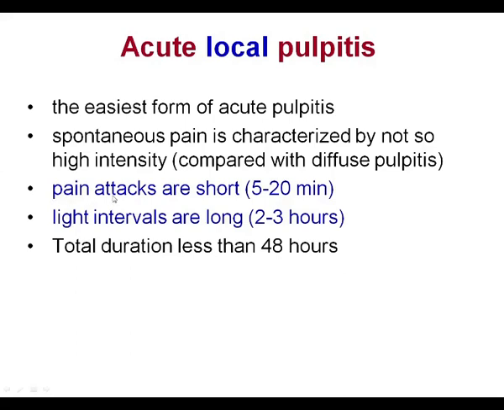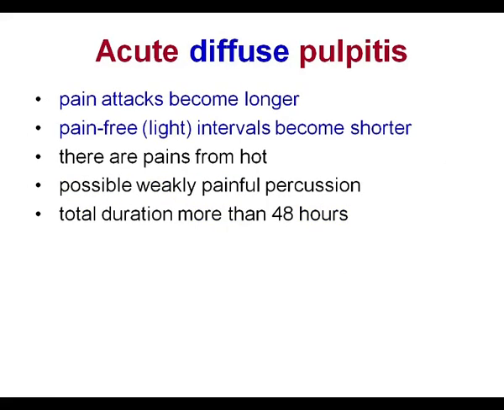And the signs of acute local pulpitis: pain attacks are short, from 5 till 20 minutes, and light intervals, periods without pain, are long, maybe 2 or 3 hours. And the total duration is less than 48 hours, less than 2 days.